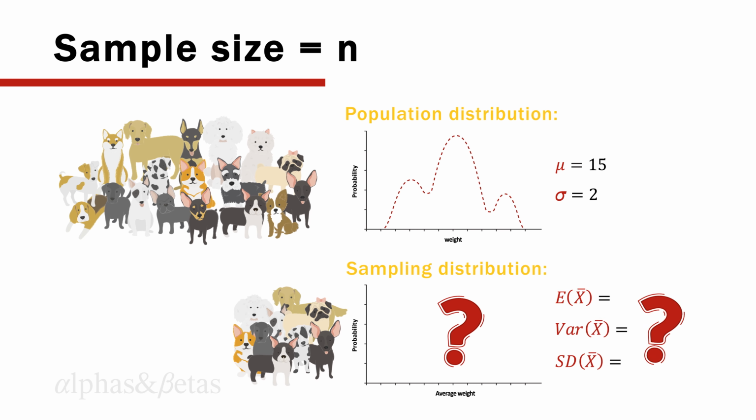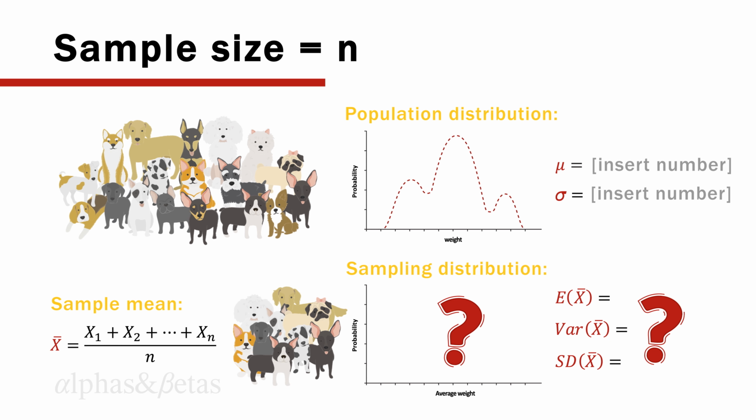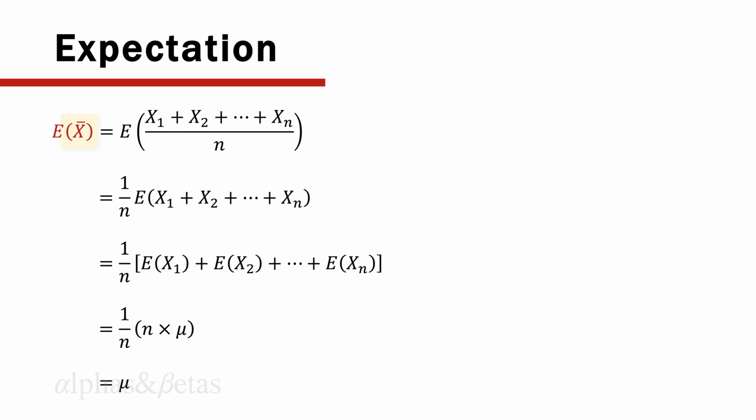For any random sample of size n from a population with any mean mu and any standard deviation sigma, think of the symbols as placeholders for numbers. The sample mean is x1 plus x2 plus all the x's up to xn, divided by n. The expectation of x bar is the same as the expectation of (x1 plus x2 plus all the x's up to xn) divided by n.